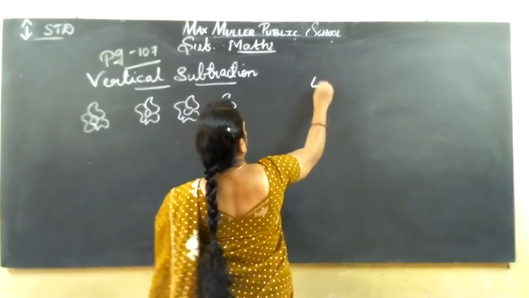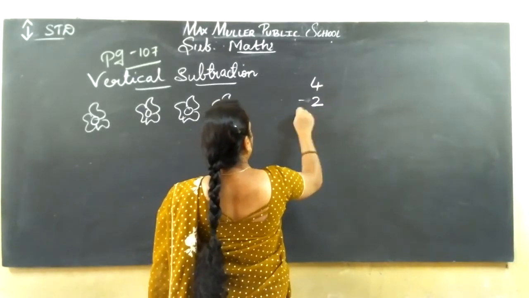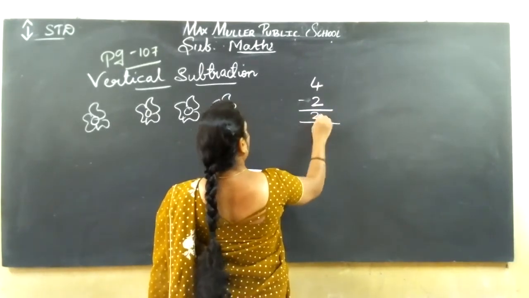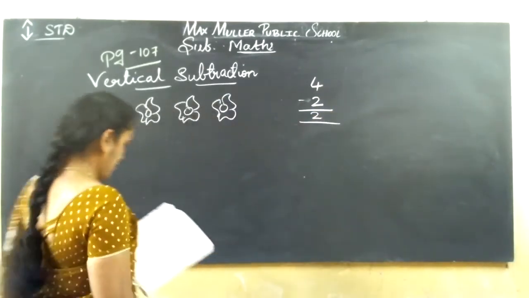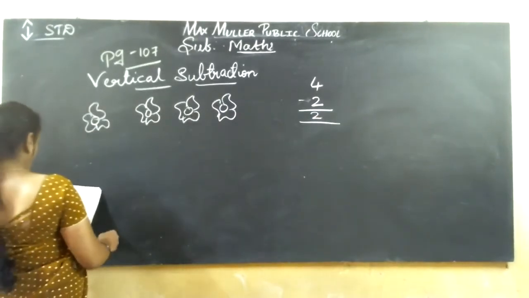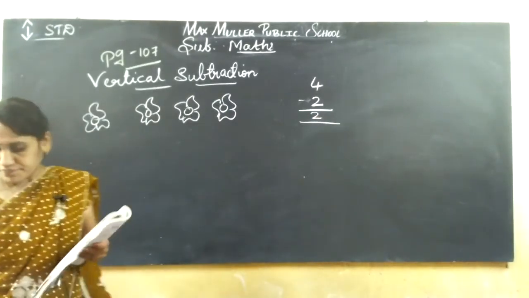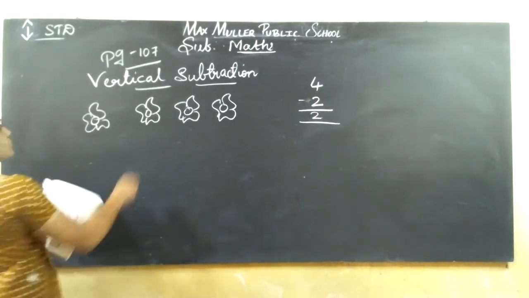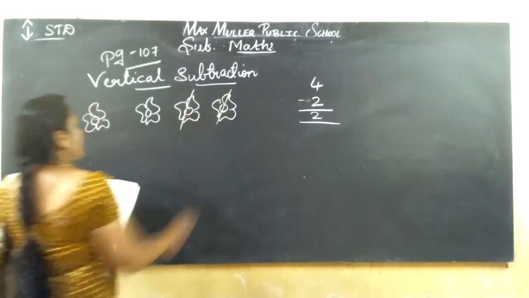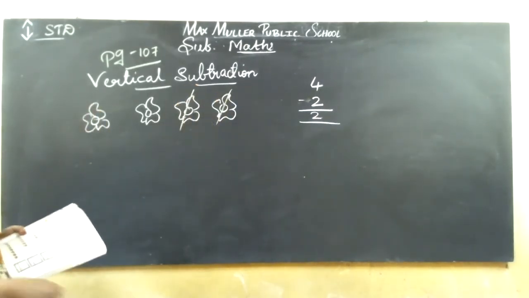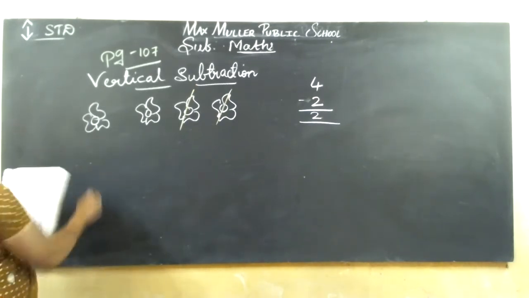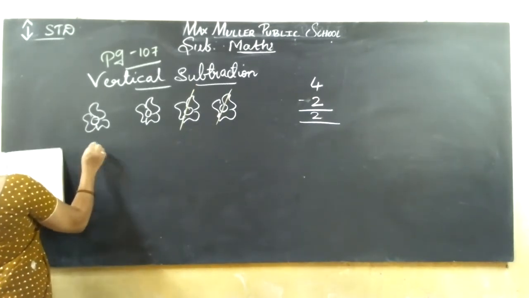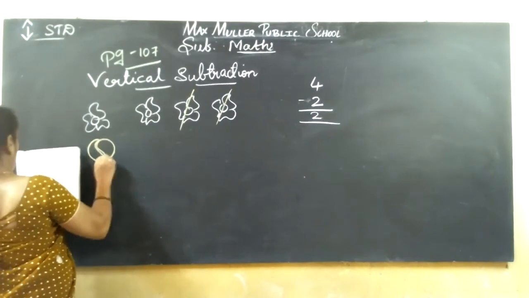First one they have only done actually, isn't it? Second sum. How many balls? 6 balls are there.